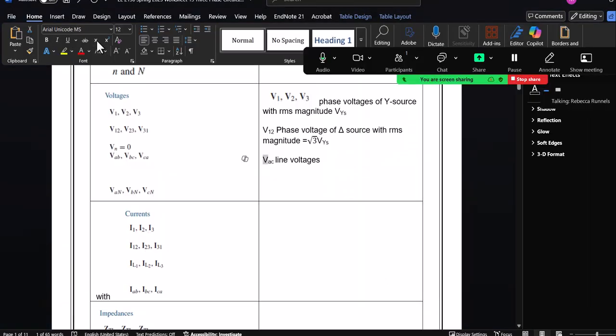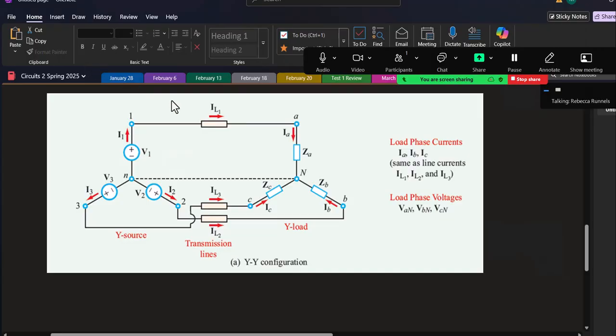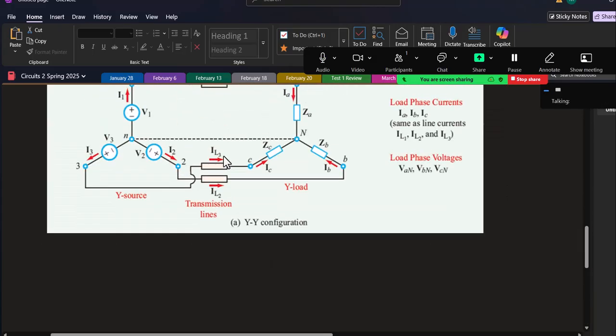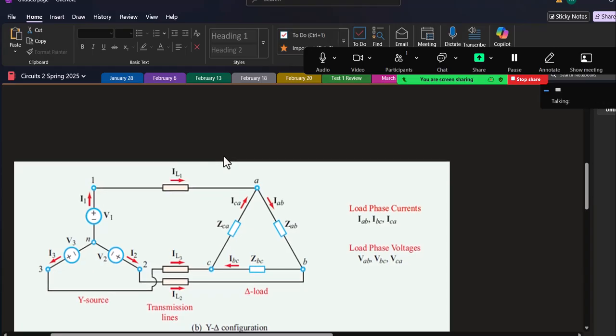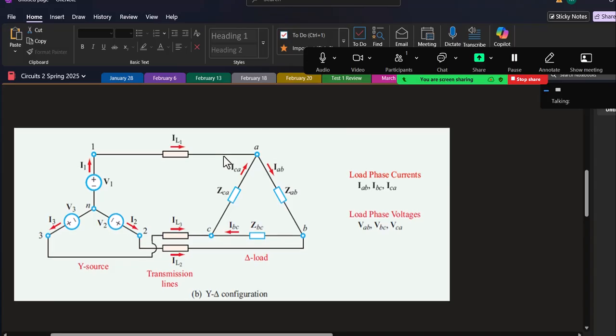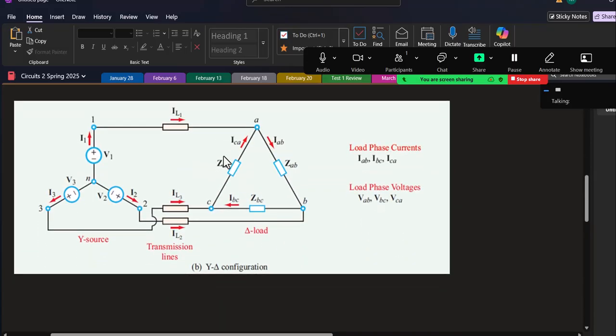So if we look at this, you see VAB, VBC, the line voltages.